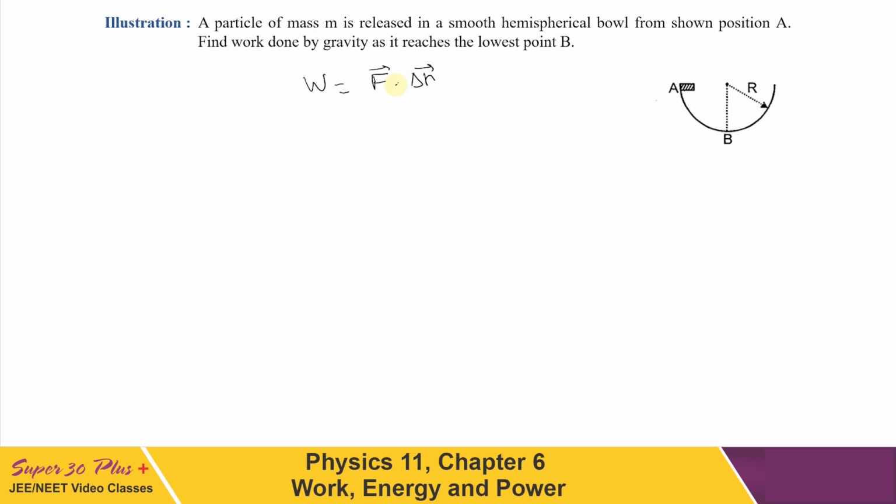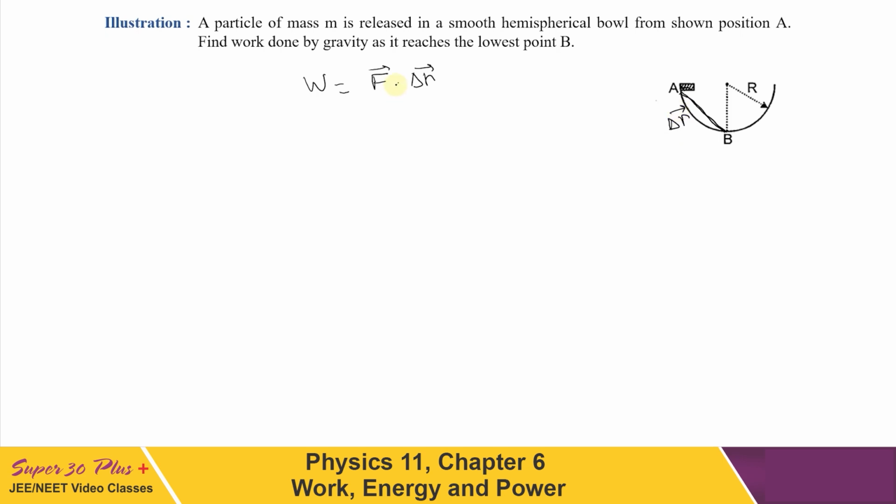Now what is the direction of gravity? It is in vertical direction. So we have to calculate the displacement in vertical direction. As you can see here, from A to B, the displacement is actually in this direction. If you join point A directly with B, that will give you the total displacement, that is delta r.